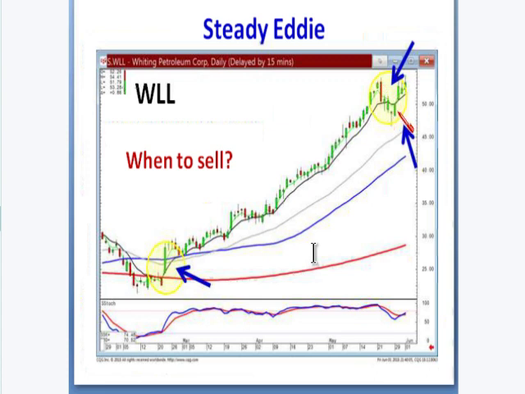When can you buy back? When you see a J-hook pattern confirming. It used to be that if I happened somehow to be lucky enough to be in a winning position and I got out, they weren't going to fool me and get me back in and then turn it right around and take more profits away from me.